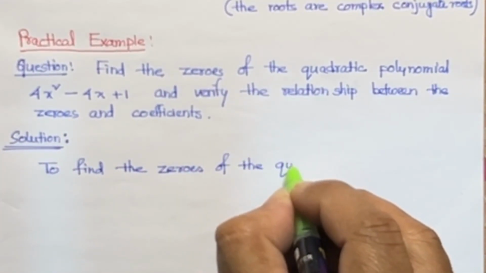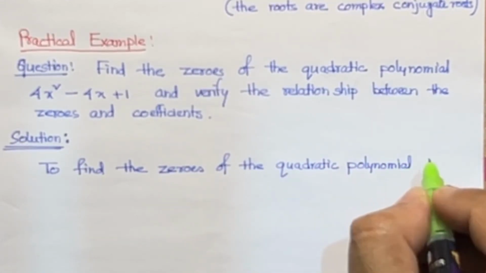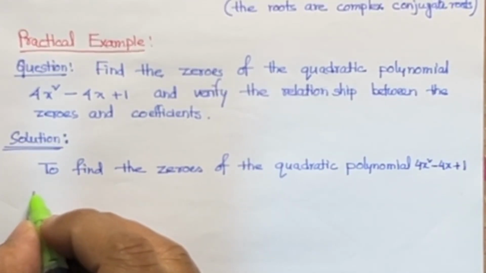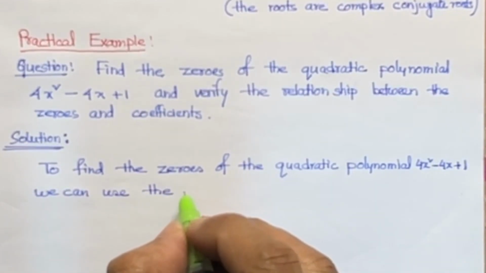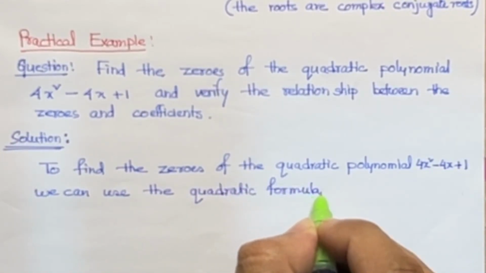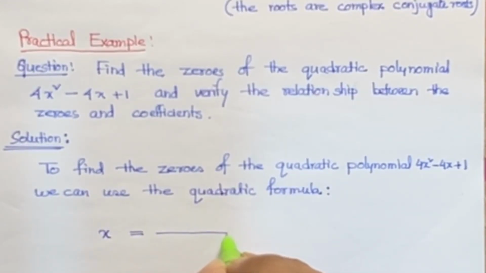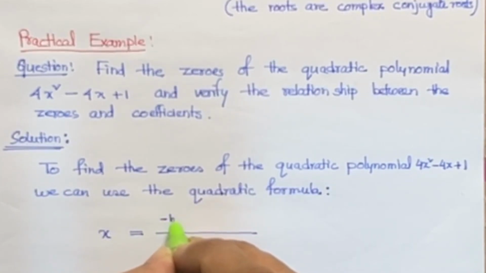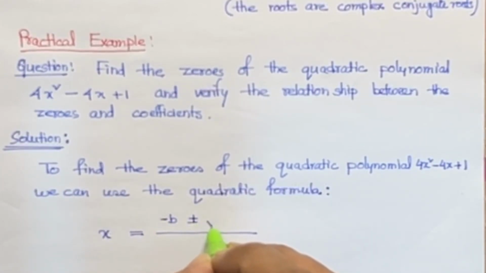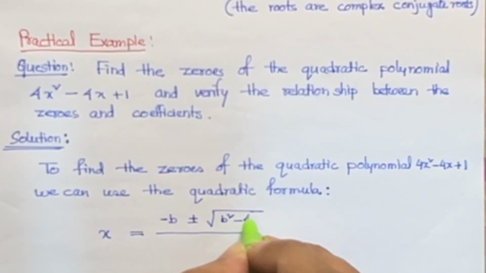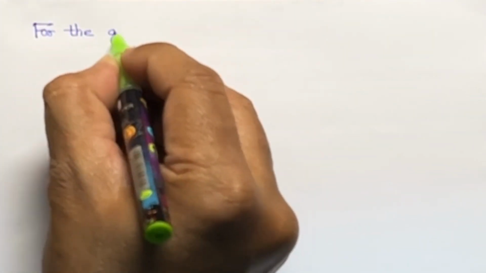To find the zeros of the quadratic polynomial 4x square minus 4x plus 1, we can use the quadratic formula. x equal to minus b plus minus square root of b square minus 4ac divided by 2a. So this is the quadratic formula.